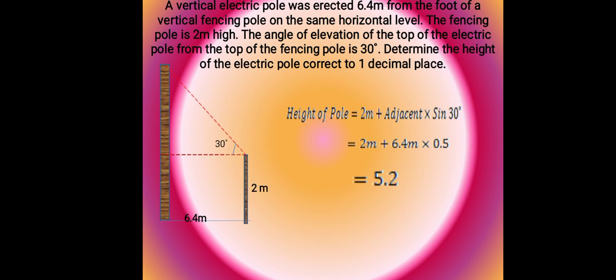Now multiply that by the sin 30, which is equal to 0.5. And add the 2 meters of the fencing pole. We get that the electricity pole is 5.2 meters.